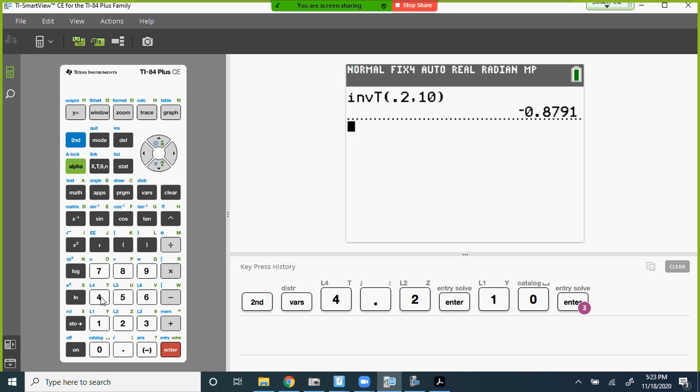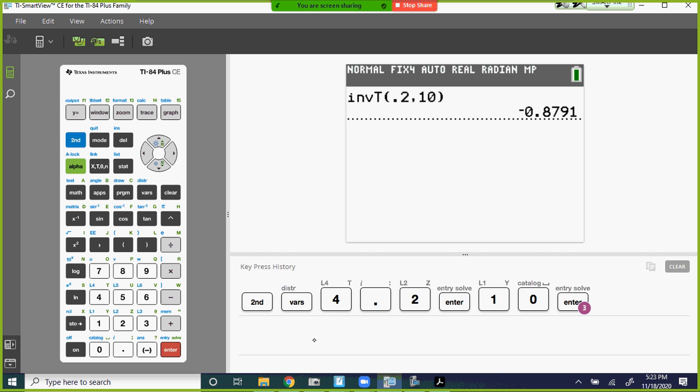Now, it's giving me a negative. Why? Because it's assuming that we're on the left-hand tail of that curve. But we actually need the right-hand tail, so that's why it's positive 0.8791. Any questions about that?